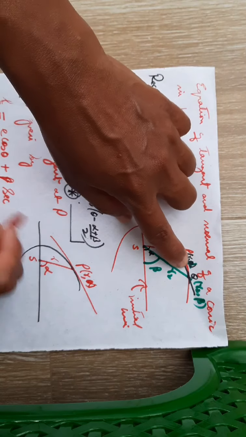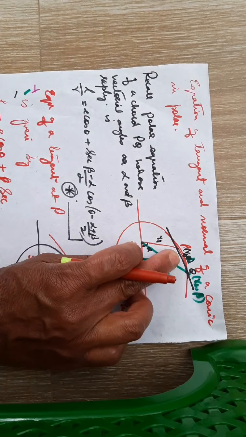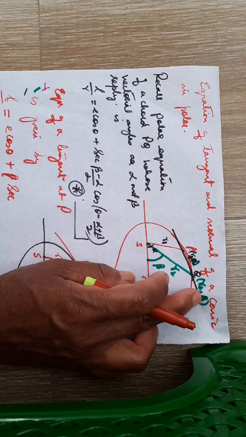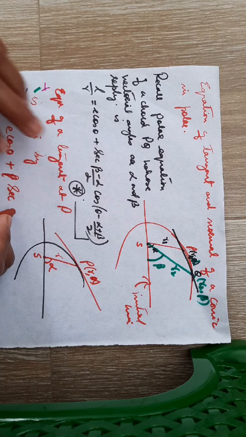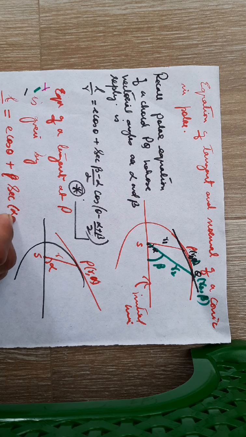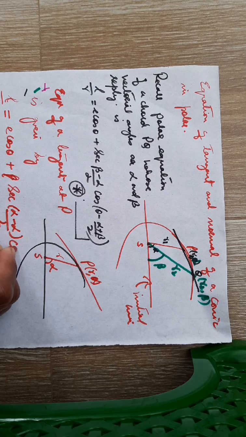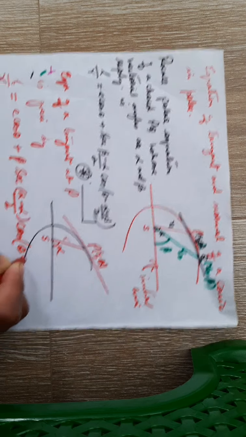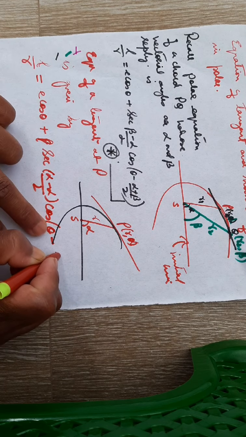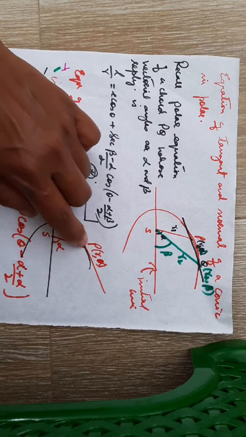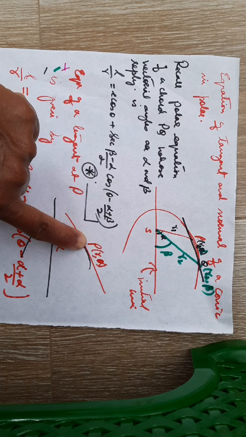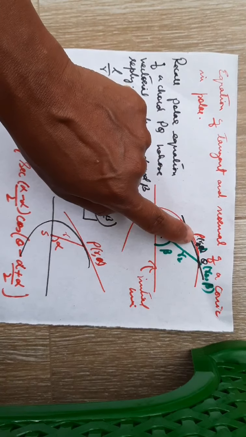If point Q coincides with point P, then beta will be the same as alpha. So you replace beta by alpha, and you will get secant of (alpha minus alpha) by 2 times cos of (theta minus (alpha plus alpha) by 2). So this will be the equation of the tangent at P.